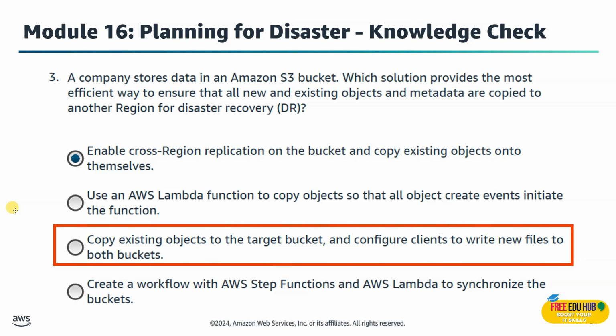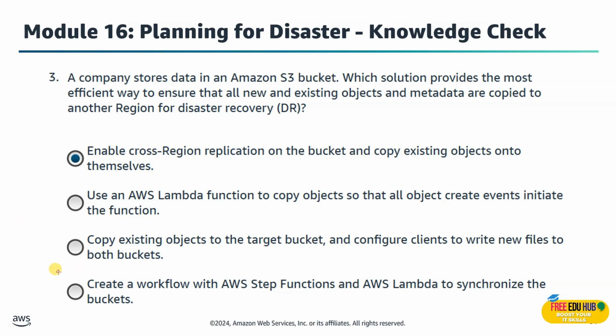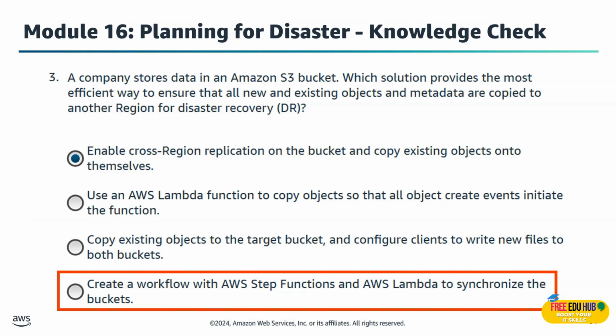Operationally it's brittle and risks divergence; you're now managing dual write logic, which we don't want. The third option was to create a workflow with AWS Step Functions and AWS Lambda to synchronize the buckets. That's unnecessary complexity, and S3 replication already provides it natively.